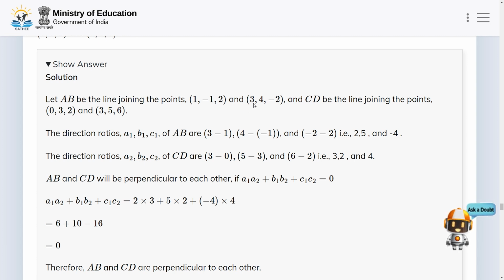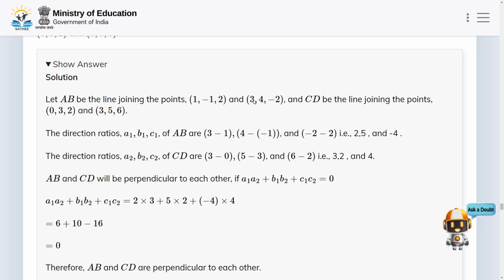If you write the vector AB in component form and find the scalar components, those scalar components will be your direction ratios.